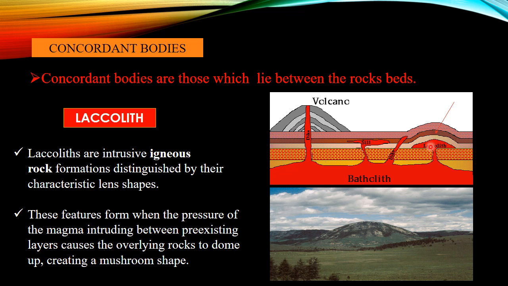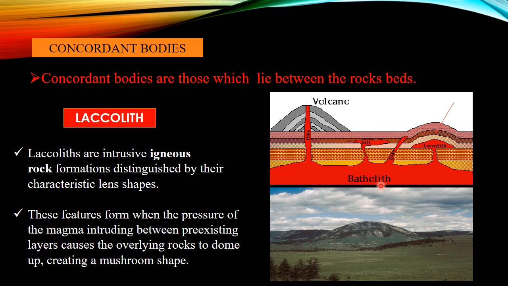So the example of concordant bodies is laccolith, and laccoliths are igneous intrusive body formations, and because of their shape, it is lens shaped, and it is also known as a mushroom type of body. So it gives a mushroom like structure. We can see in this image, this is a laccolith, which appears as a mushroom like or dome like structure.